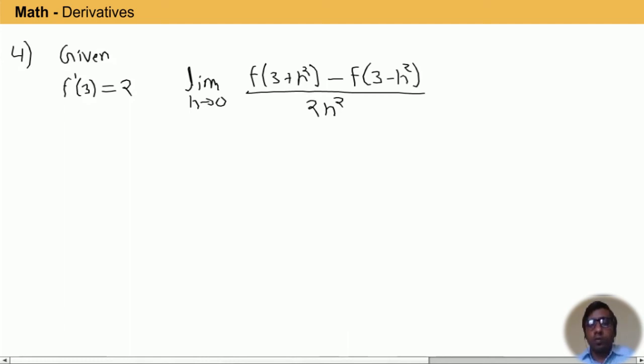So one thing is clear that if I am putting h equal to 0 here and applying the direct limit, what we are getting? f of 3 minus f of 3 divided by 2 times 0 square. So we are getting 0 by 0 form on applying the limit directly.